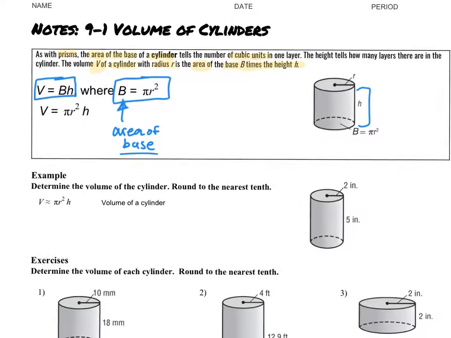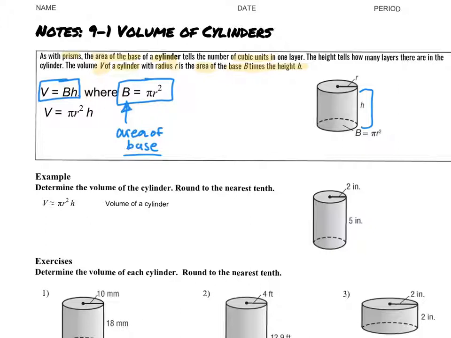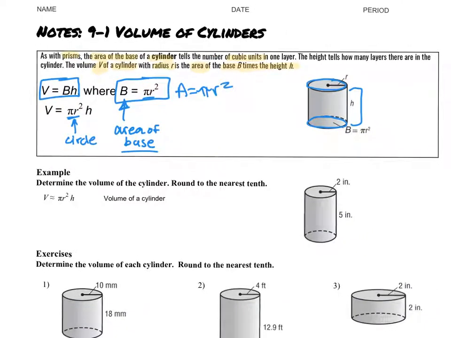In a cylinder's case, think of a can. It sits on two bases, and the shape of those bases is a circle. The area of a circle is pi r squared, so that's why we filled that in here for the capital B. If they give you a line all the way across a circle with a number, that is your diameter.